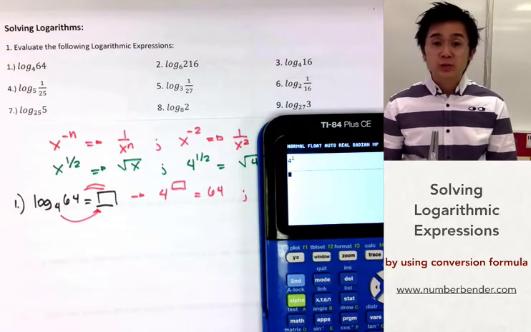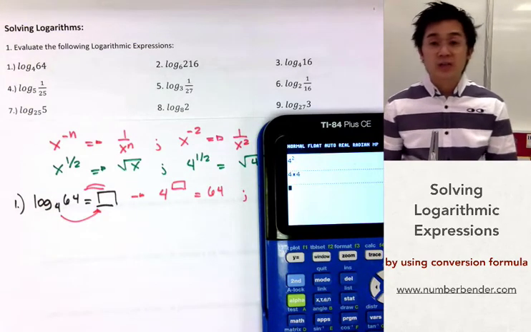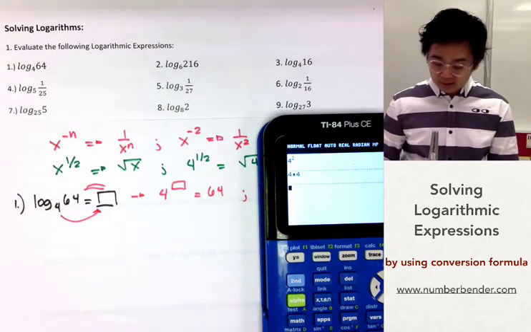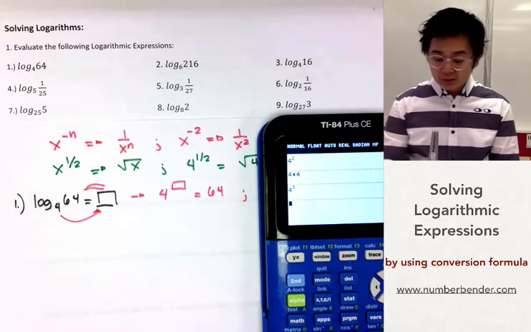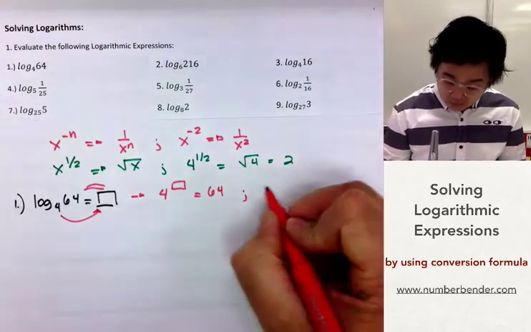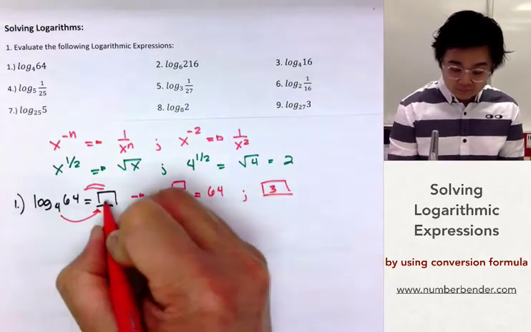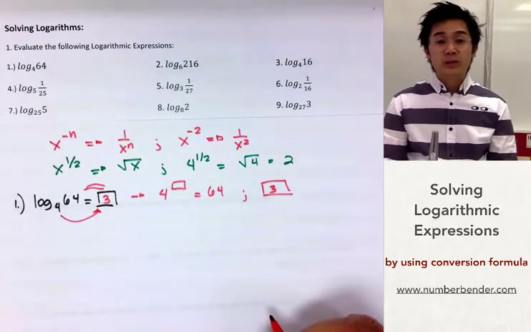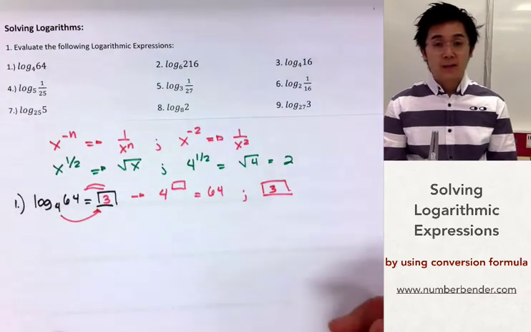And 4 raised to 2 is equal to 16 because 4 times 4 is 16. So 2 is not the exponent that we're looking for. Let's say we're using 4 raised to the third power. 4 cubed is equal to 64, which means the exponent that we're looking for is 3. So the number in the box is equal to 3. So that is how we solve logarithms using exponents.